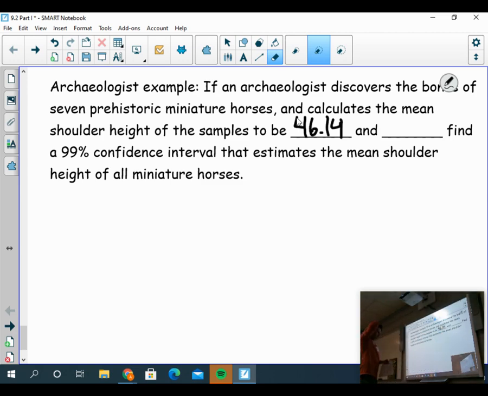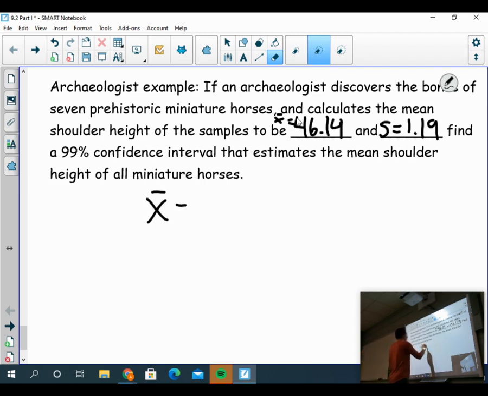So in our sample size of 7, the mean shoulder height is 46.14 inches with a standard deviation of 1.19. We want to find a 99% confidence interval that estimates the mean shoulder height for all prehistoric miniature horses.